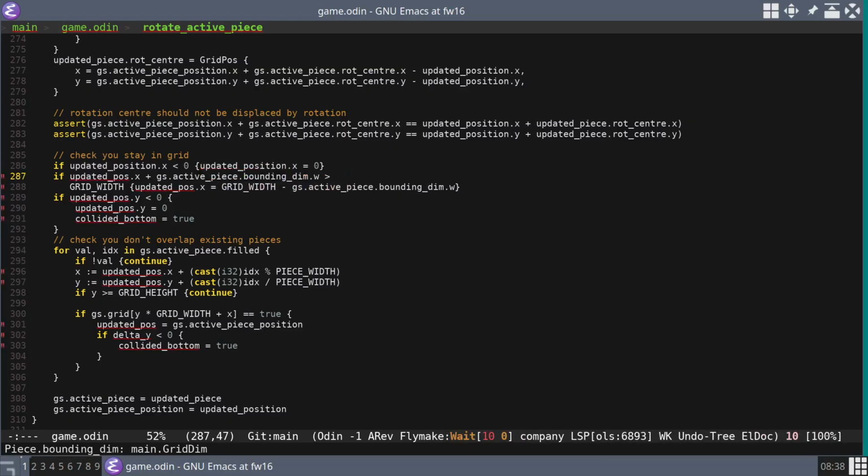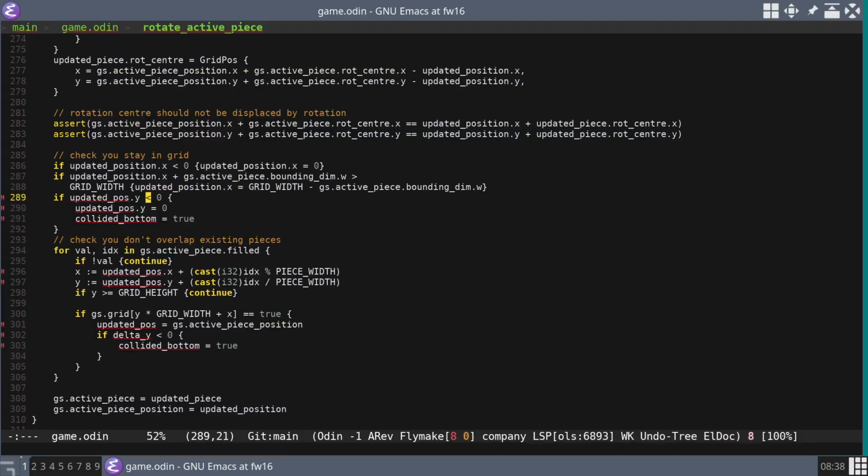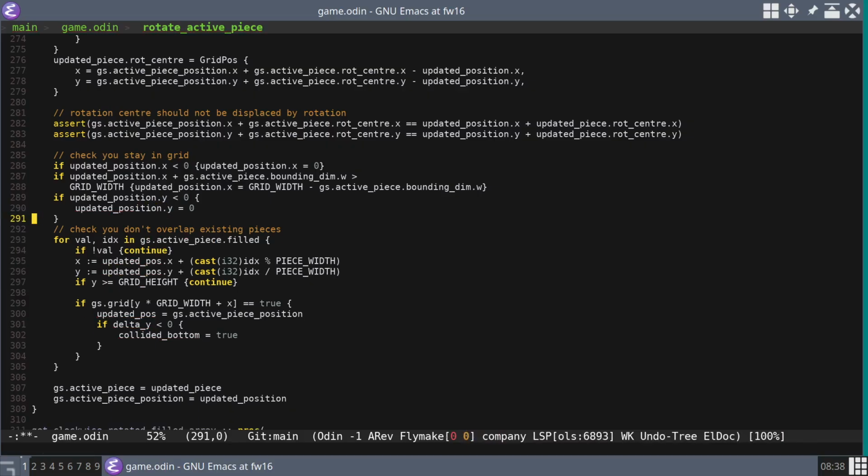Let's just go ahead and do that. I'm going to say, if you're trying to move yourself outside the grid, just put you back into the grid, because that is easy. And similarly, if you try to displace yourself outside the bottom of the grid, put you back in. We don't care about that.